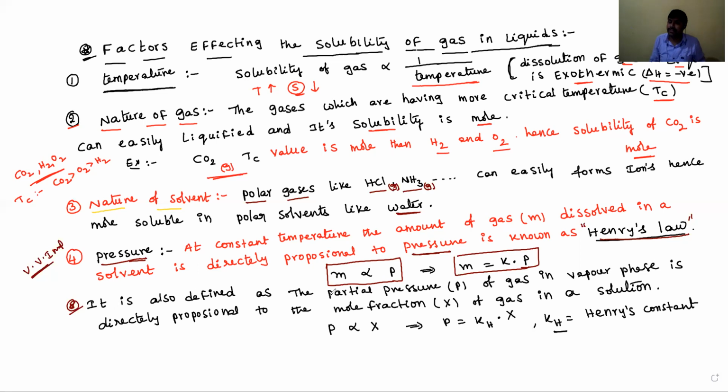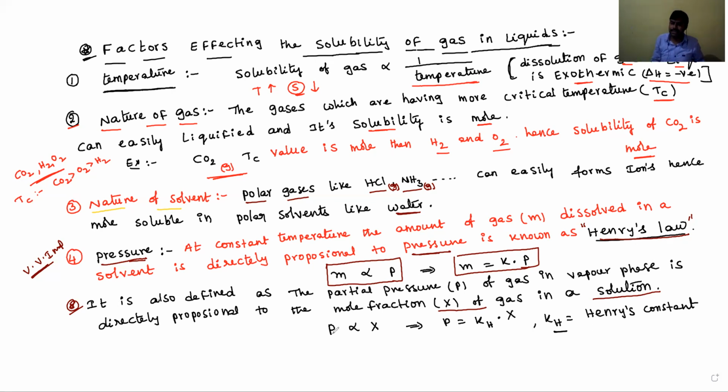So it can also be defined as: the partial pressure of a gas in vapor phase is directly proportional to the mole fraction of that gas in a solution. If the mole fraction of gas increases, it automatically means more gas is present. That is also known as Henry's law.